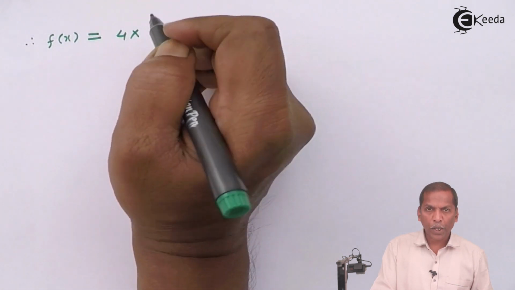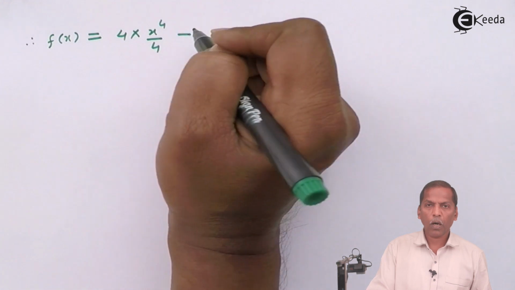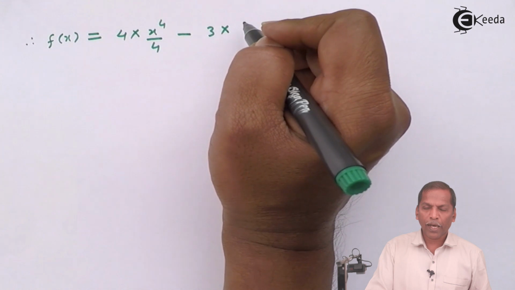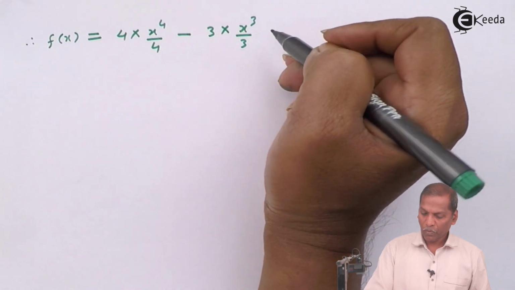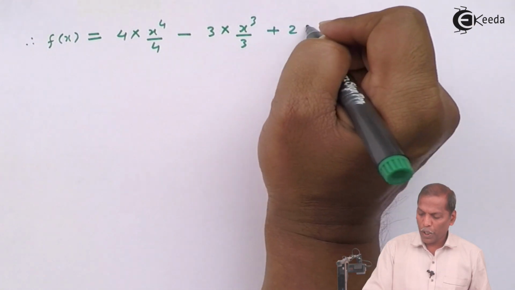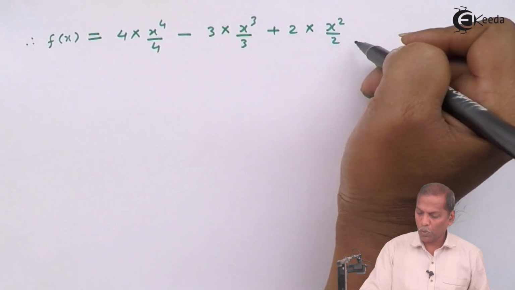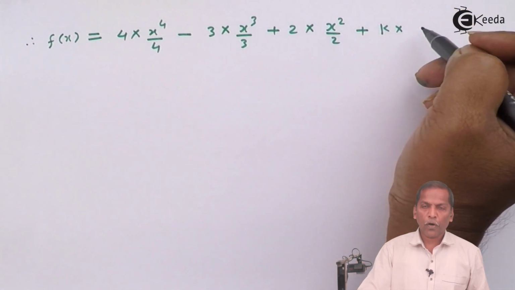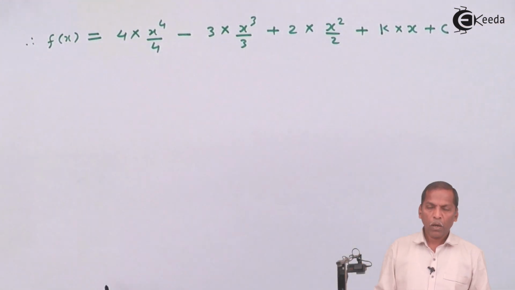Now integral of x cube is x raised 4 upon 4, minus 3 into integration of x square is x cube upon 3, then plus 2 into integration of x is x square upon 2, plus k into integration of 1 dx is x, and finally we write c, where c represents constant of integration.